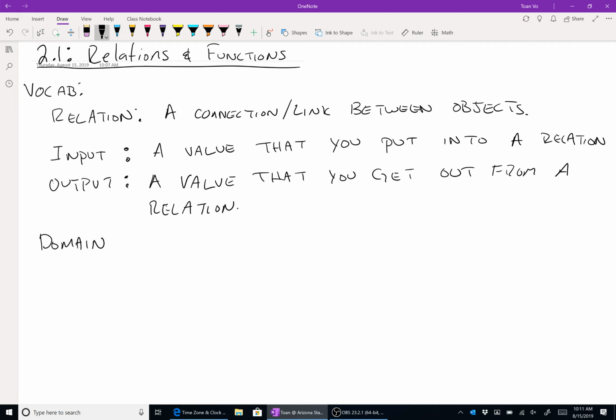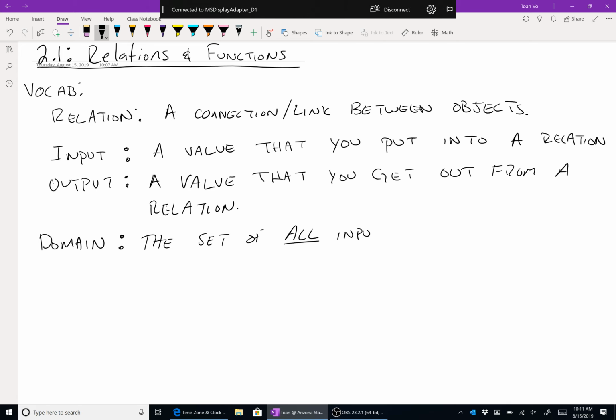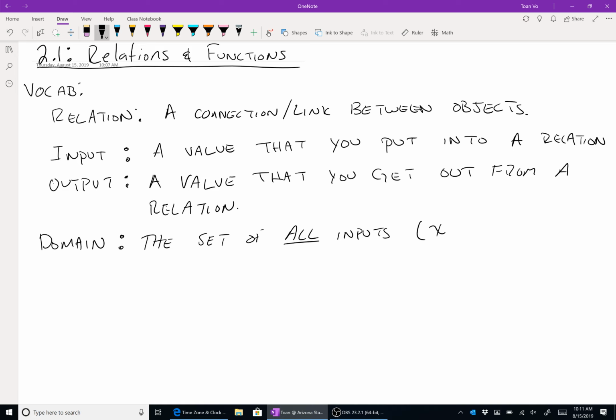So the domain in math simply means the set of all inputs. There's no standardized variable, but the most commonly used variable for inputs is x. So you can sort of think of the domain as the set of all x values.